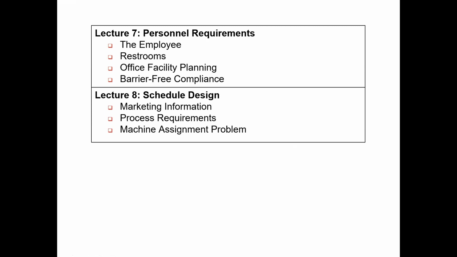We have a problem in the lecture, so you should get familiar with how to solve those types of problems as well. For the rest of the topics in this lecture, you should expect questions related to restrooms, the design of office facility planning, the different types of office designs, and barrier-free compliance in terms of some of the design requirements.